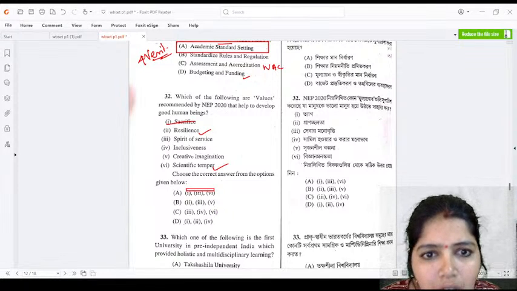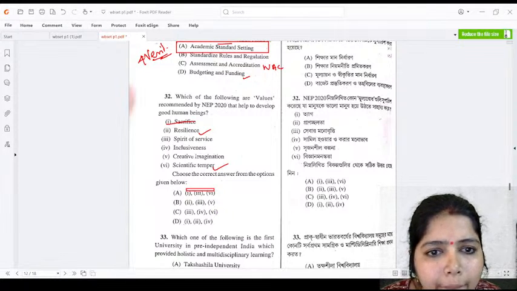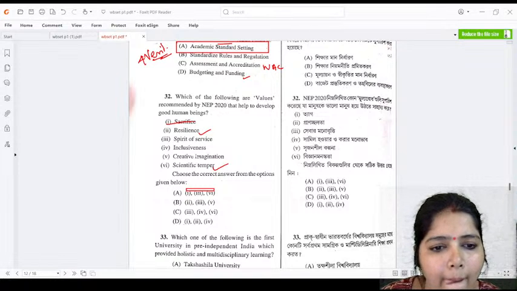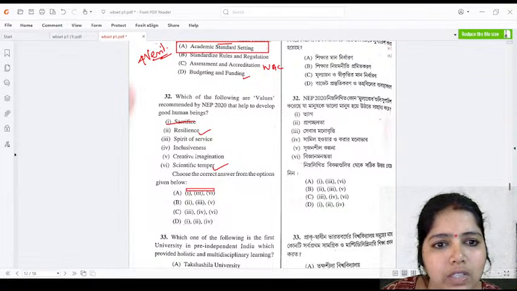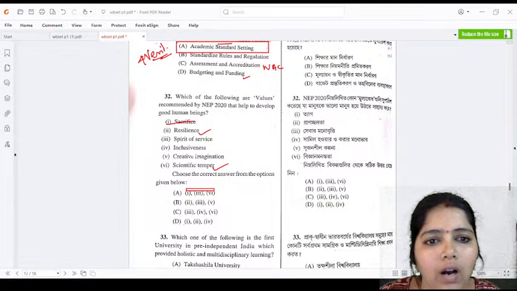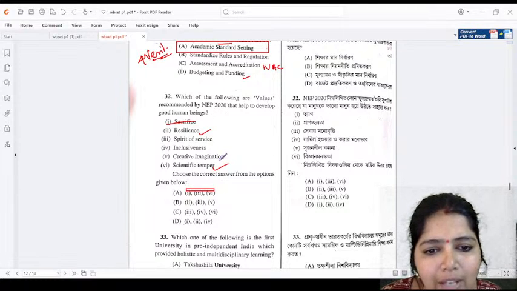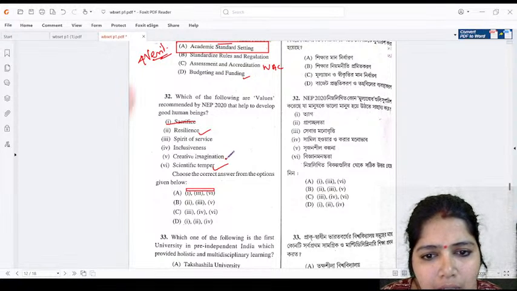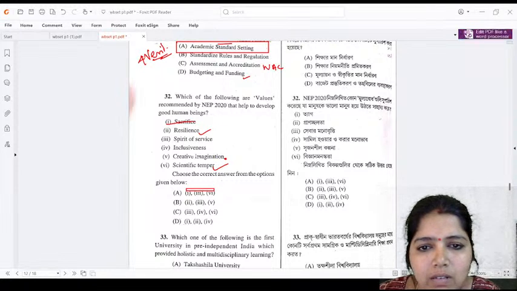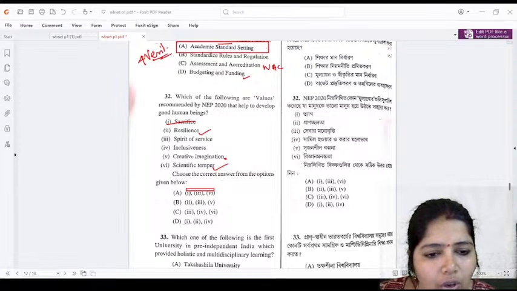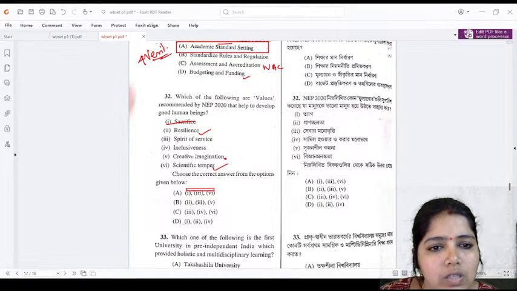I have a doubt with this option in this question, because creative imagination is there. Creative imagination is there.